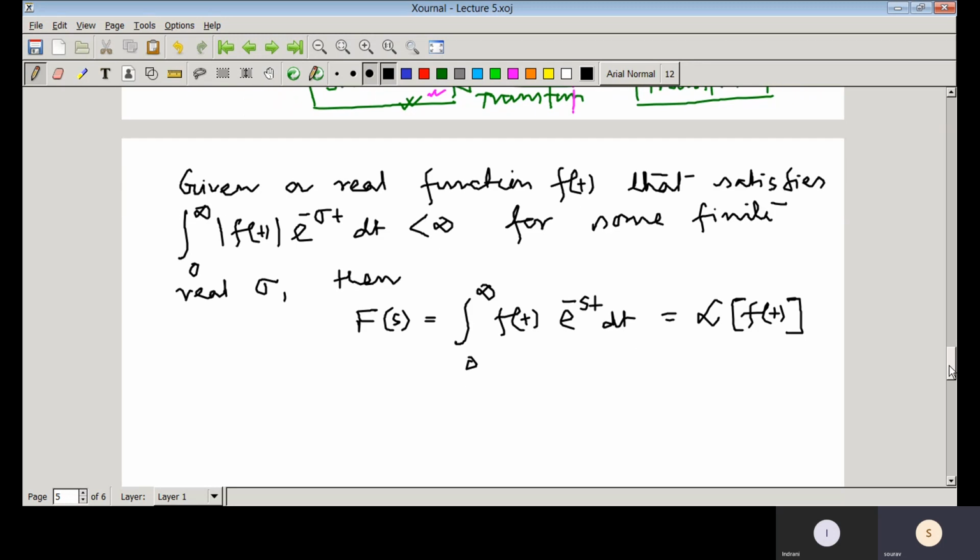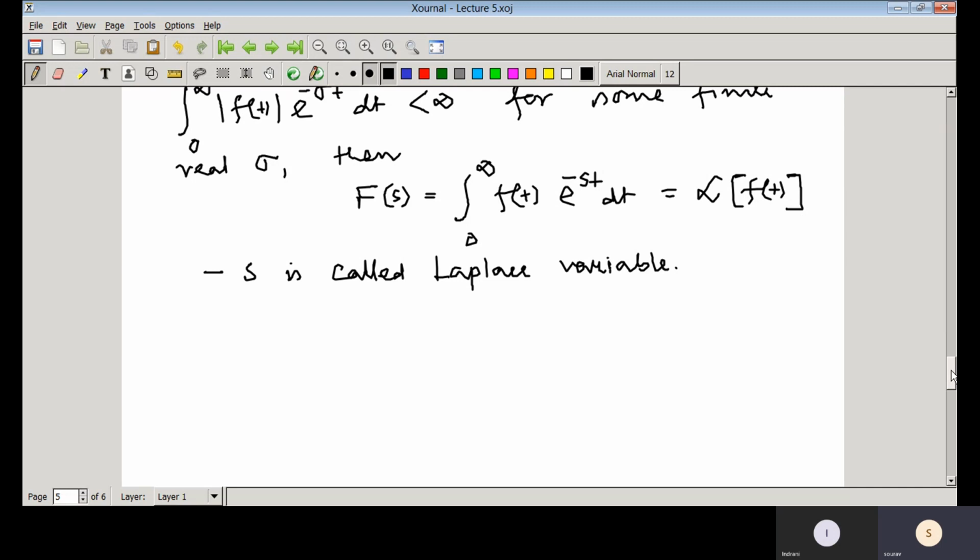So then here this s is called the Laplace variable. And you all know the one-sided Laplace transform and the both-sided Laplace transform.